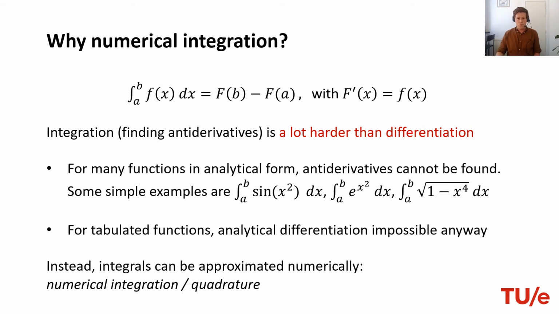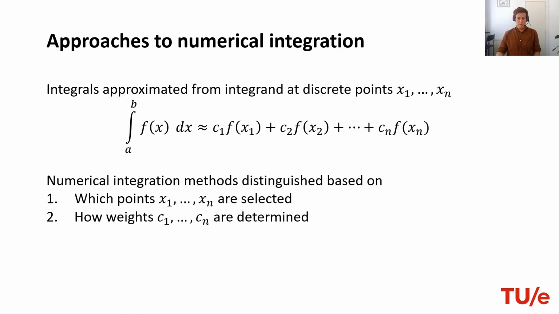So instead, what we do is we approximate such integrals numerically, and that procedure is called numerical integration, but in numerical mathematics you can also quite often encounter the term quadrature, which is a synonym for numerical integration. Some approaches to numerical integration: the entire idea of what will come out as your integration rule will in the end look like this.